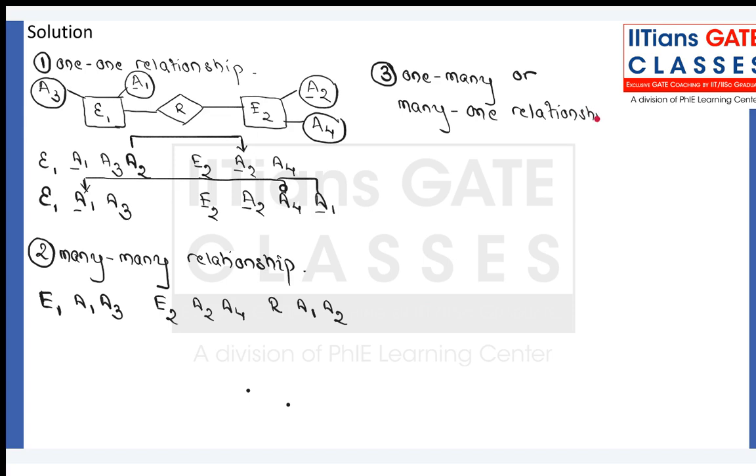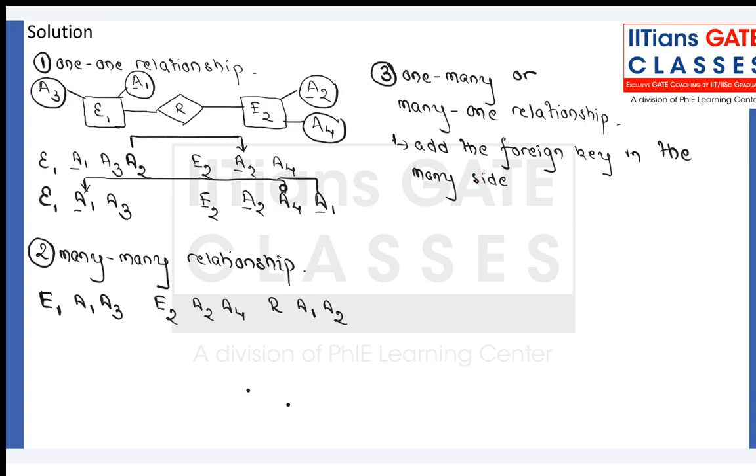If you have a one-to-many or many-to-one relationship, you will have to add the foreign key in the many side. What do I mean by it? Take the example on the left.